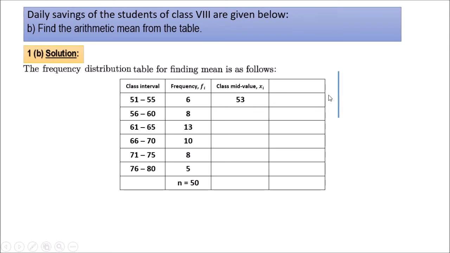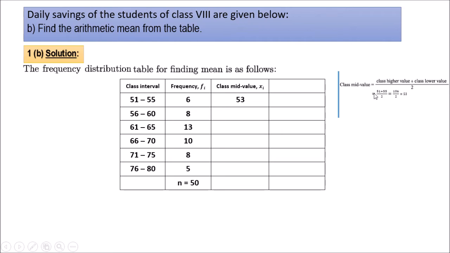We know class mid value equals class higher value plus class lower value, divided by 2. In this class, what is the higher value? 55. What is the lower value? 51. Look here, 51 plus 55, and the formula divides by 2.